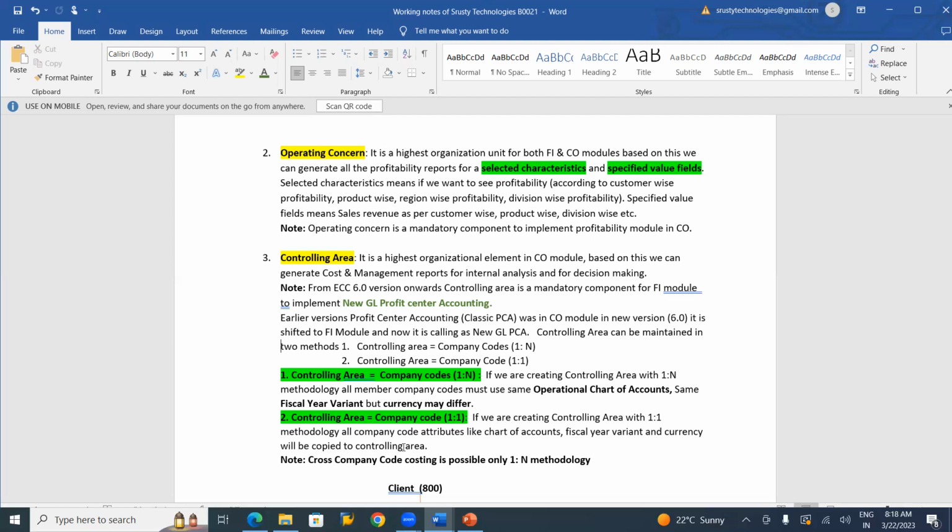So immediately we need to configure a 1:1 methodology controlling area, not 1:n methodology. Or he has mentioned that for company code 1, 2 and 3 he is using the same chart of accounts, and the fiscal years are also the same. Then we need to follow 1:n methodology. Clear? Any questions?